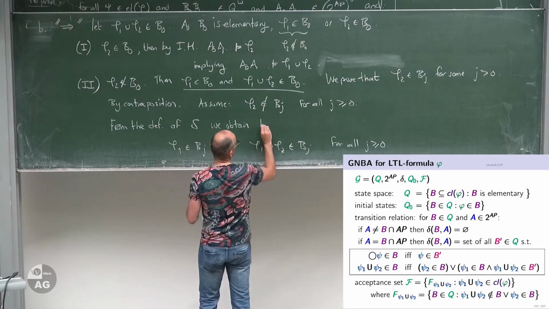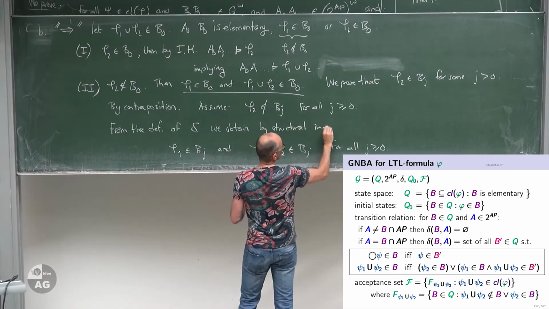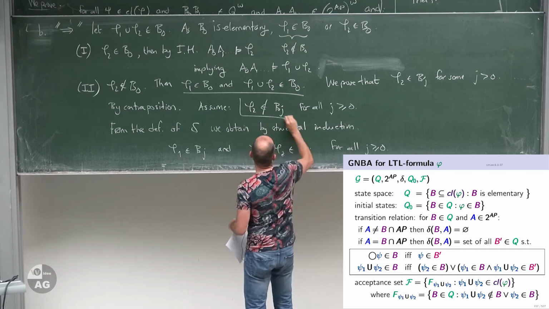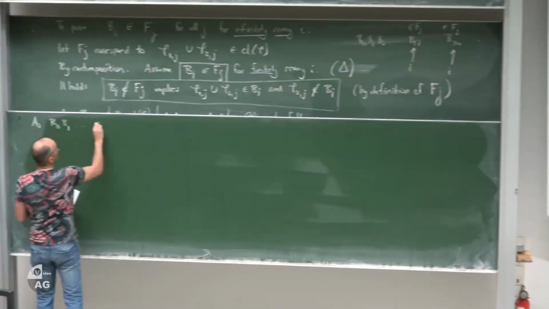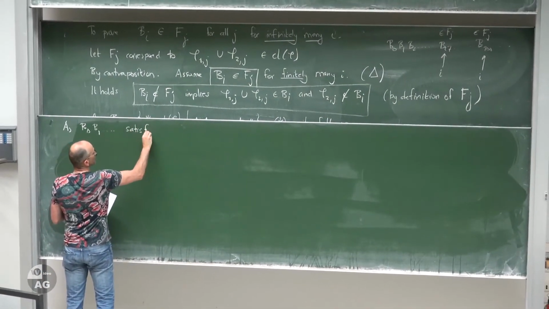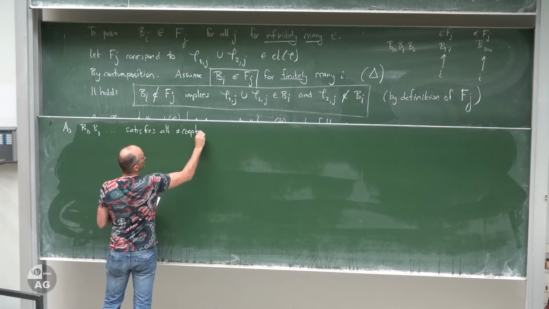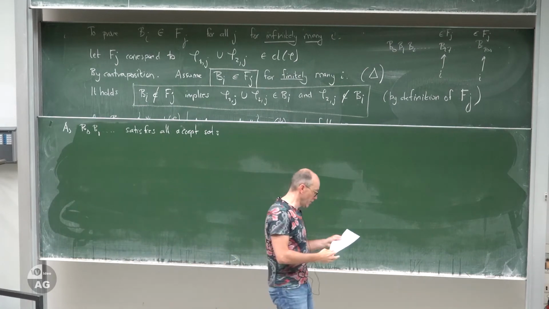This is by structural induction, from this assumption. As B0, B1, etc. satisfies all accept sets, this was an accepting run, so it satisfies all the accept sets.